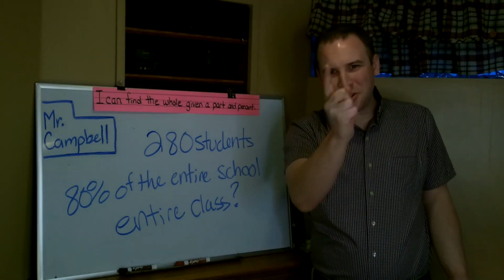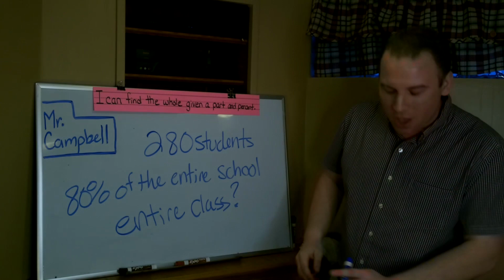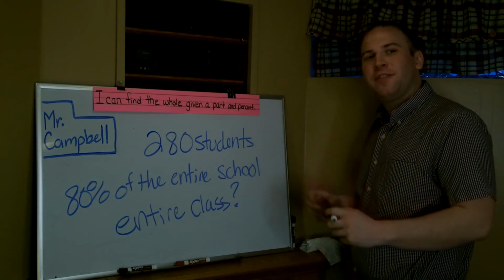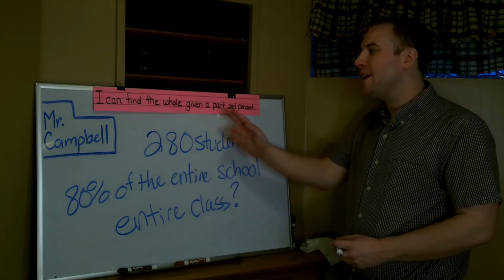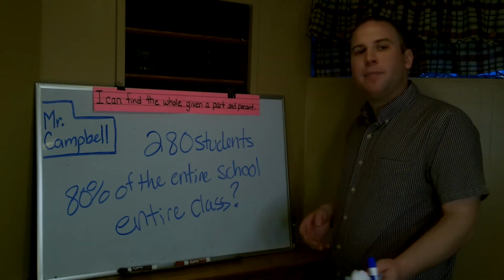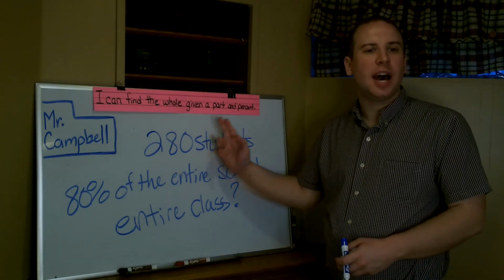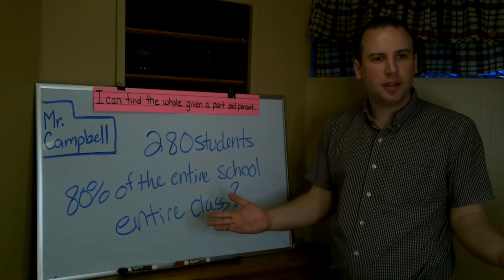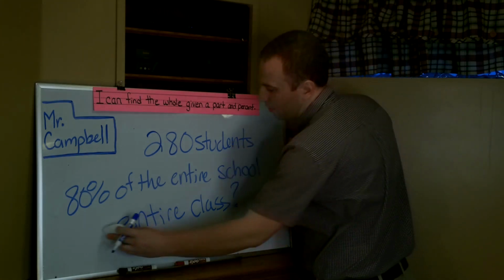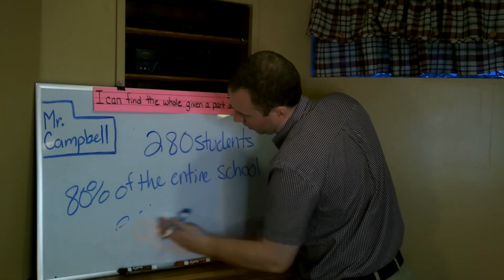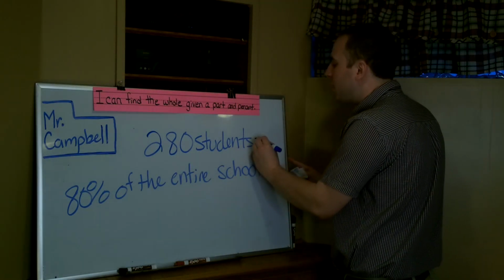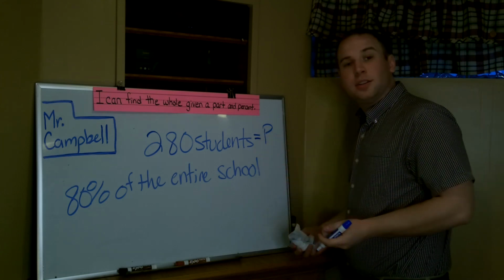I'm glad you asked. We're going to be looking at the equation for finding your whole given your part and percent. Unlike before, where we had whole times percent equals part, we're going to be doing that a little bit differently. We have 280 students. That's going to be our part.